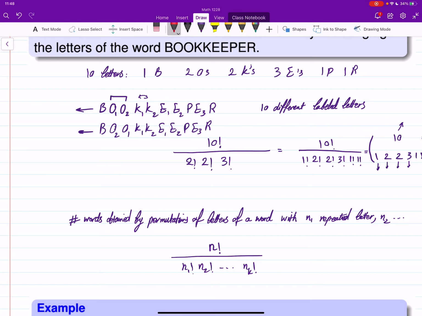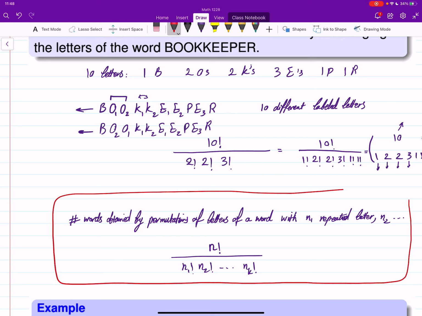That is the formula, and you saw how we found that formula. You have to keep that in mind.